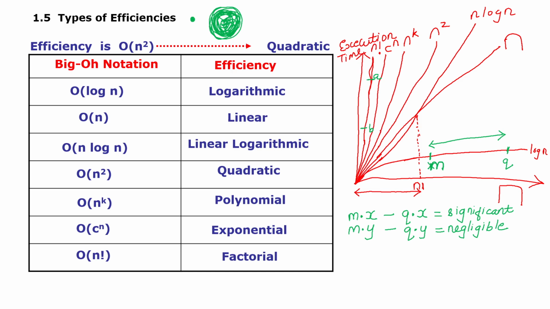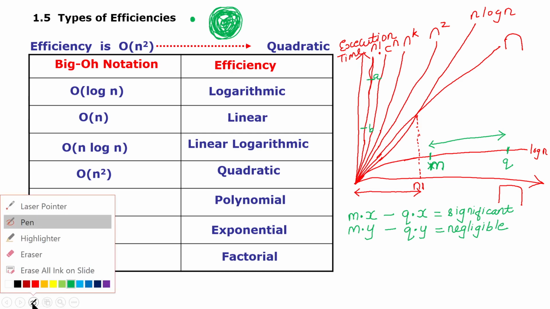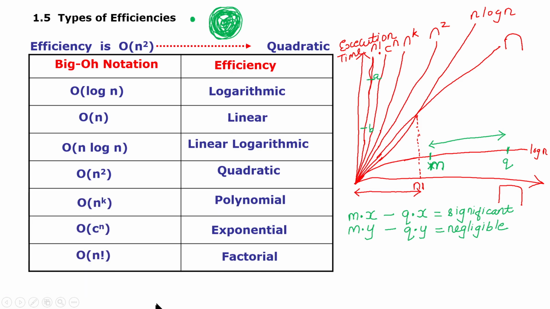So now, guys, if you are listening to all this carefully, we draw a very important conclusion over here, and that conclusion is that all these algorithms which are listed over here, logarithmic, linear logarithmic, they are listed in decreasing order of efficiency.